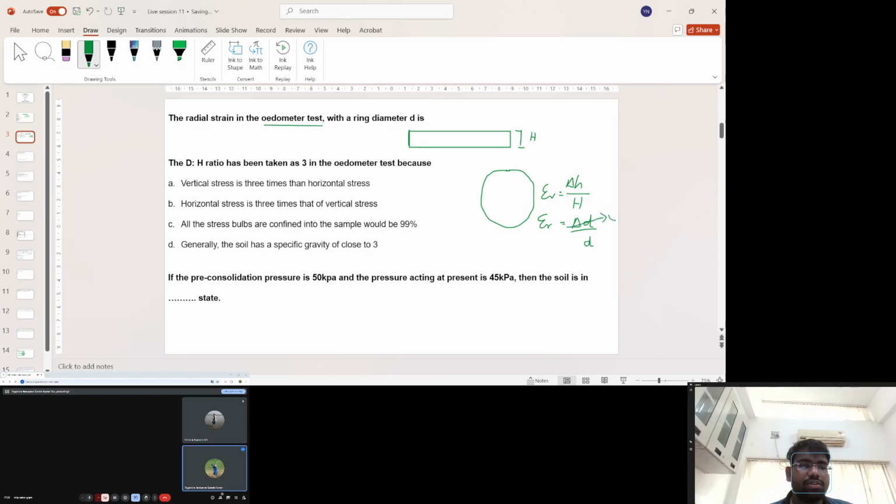Delta D will be 0, and hence the radial strain will be 0 in case of oedometer. All right. So radial strain is 0.